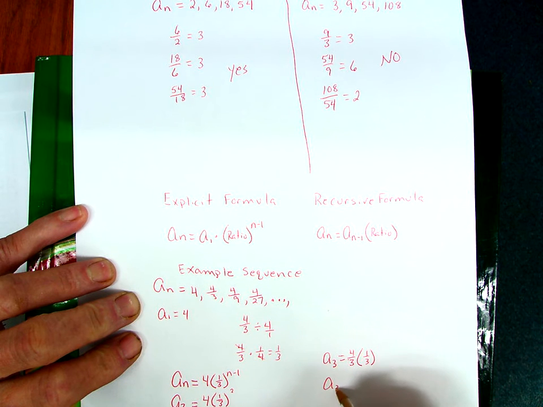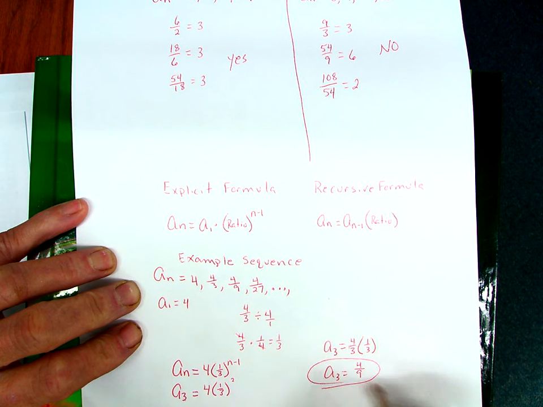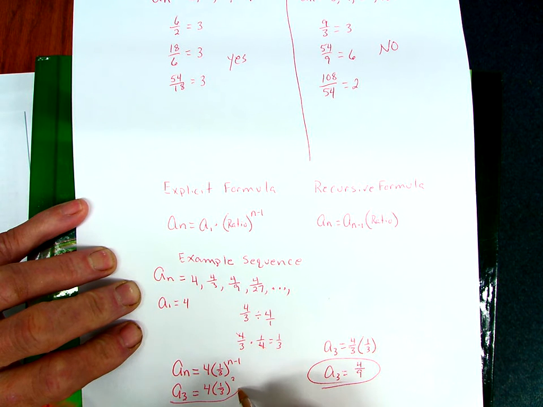So a sub 3 would equal, multiplying fractions, it's the top times the top, the bottom times the bottom. 4 times 1 is 4. 3 times 3 is 9. And that's how you can use the recursive formula. Both give you the same answer.